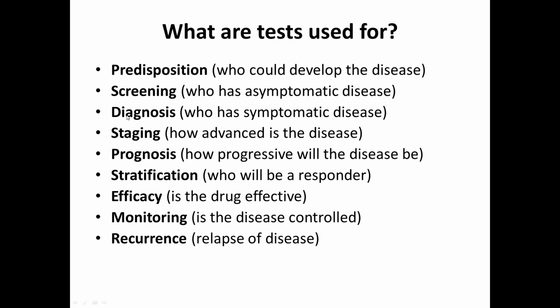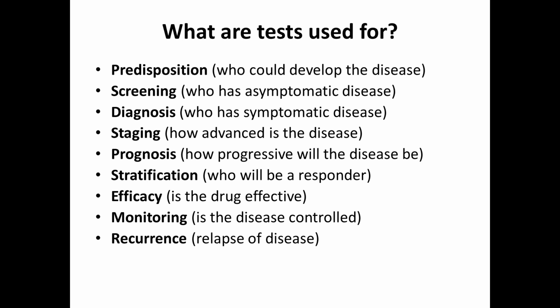So diagnosis is obviously one where we're talking about accuracy. We can also talk about accuracy of staging. So we can look to see whether a test correctly detects whether somebody has nodal involvement in cancer, for example, and changes their stage. And you can talk about the accuracy of that type of test. And sometimes we also talk about the accuracy of a screening test, and sometimes about a monitoring test.